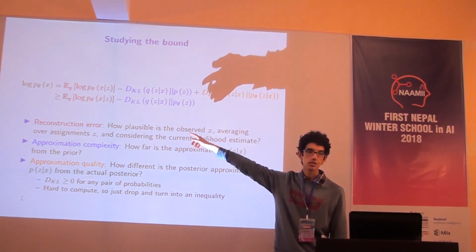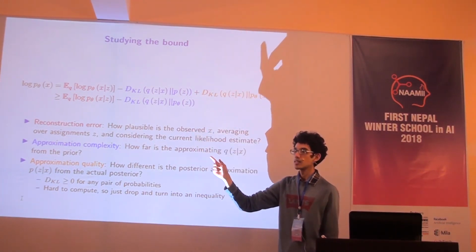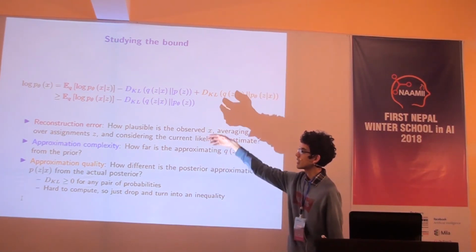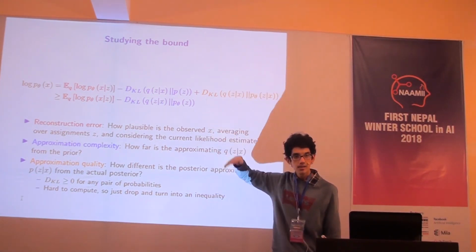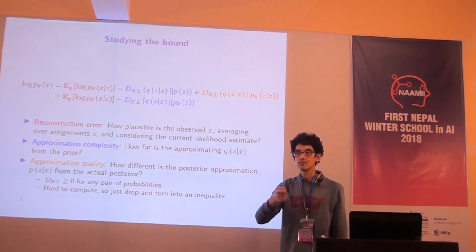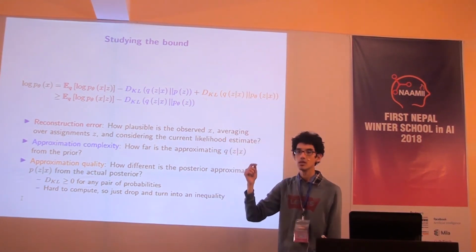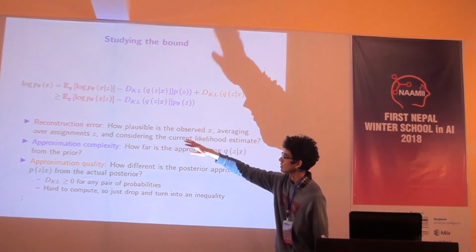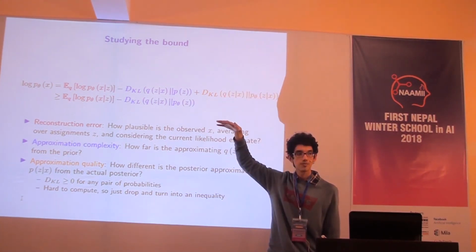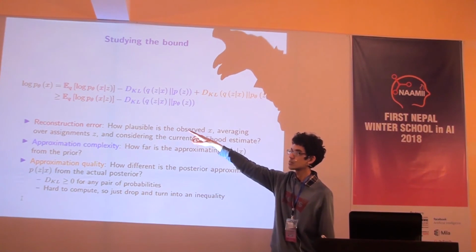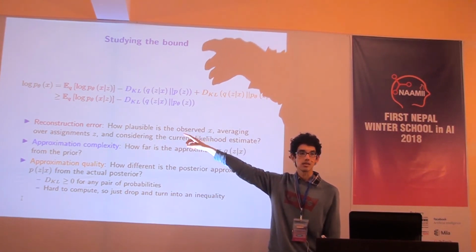So the idea is, if you can make this lower bound really high, if you can find a configuration of the z's so that this expectation over the q of z, minus the KL, is large, then you have a good chance of estimating the thetas on the left-hand side.